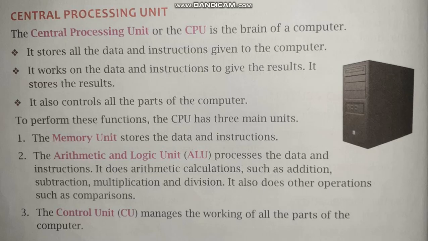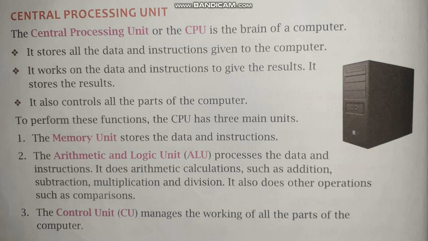Next we learn about the central processing unit. It means CPU. The central processing unit, or the CPU, is the brain of a computer. It stores all the data and instructions given to the computer. It works on the data and instructions to give the results.